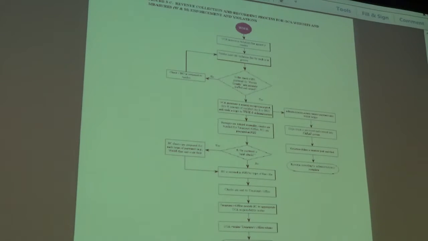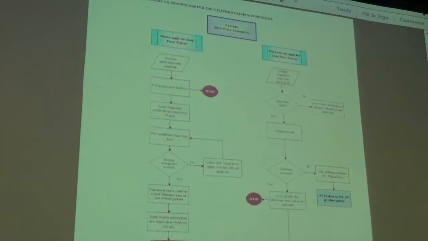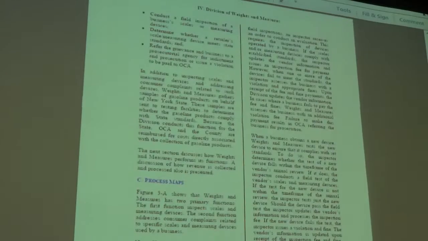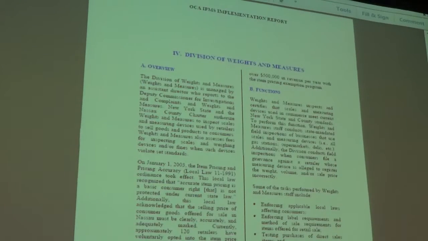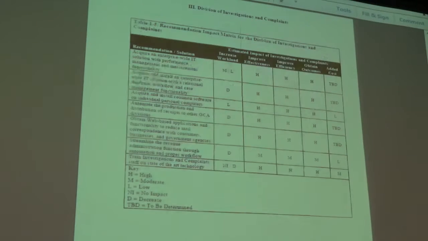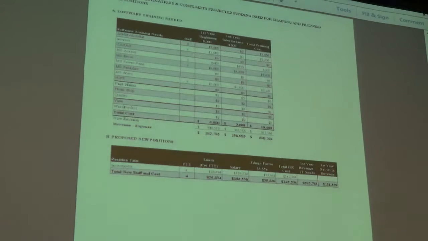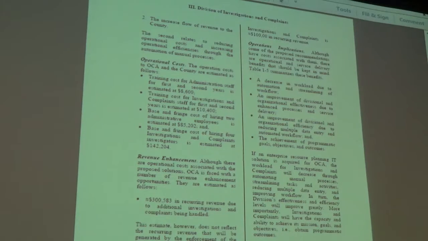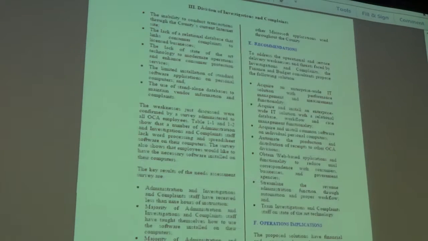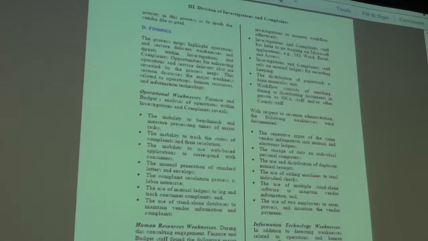Because what I'm trying to find is the section where we have changes to the mission statement.